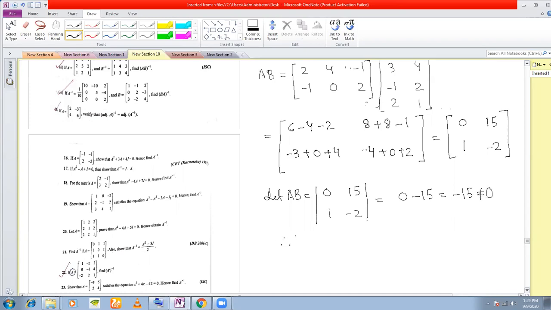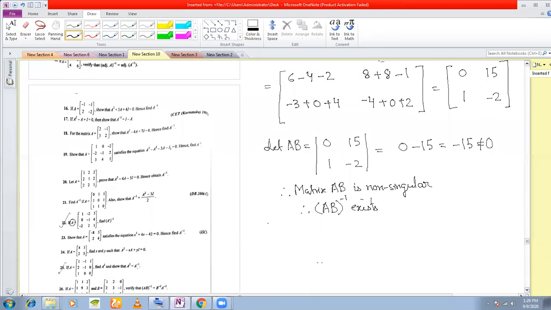That means matrix AB is non-singular, therefore AB inverse exists. Now we proceed to find adjoint of AB.